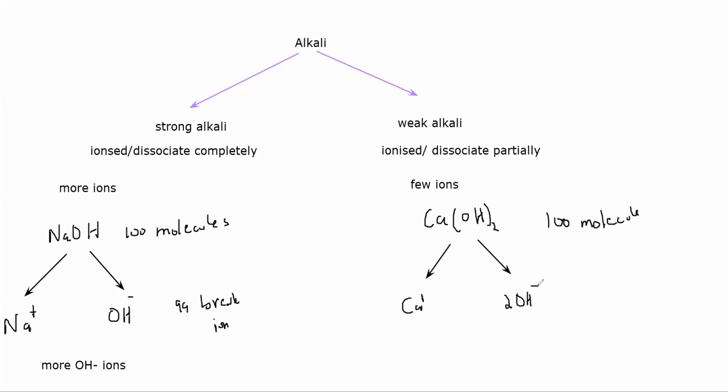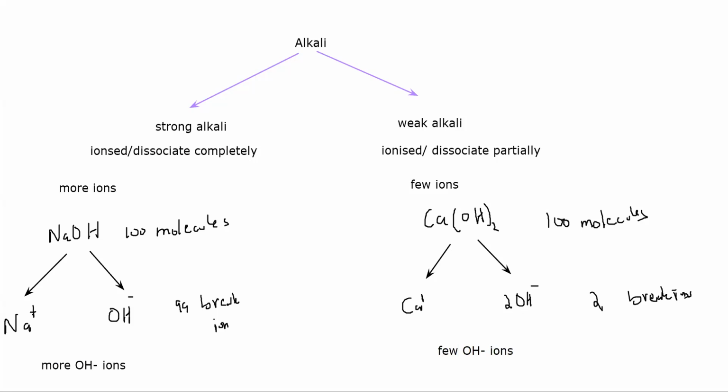But maybe only two out of 100 will break into ions and the others will remain as molecules. So it will have few hydroxide ions or OH ions in the solution.